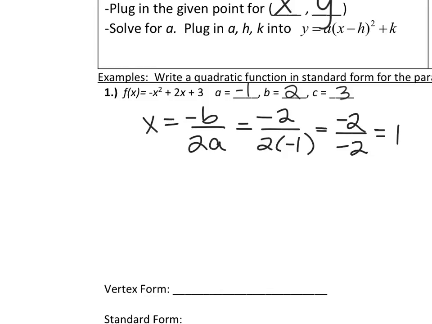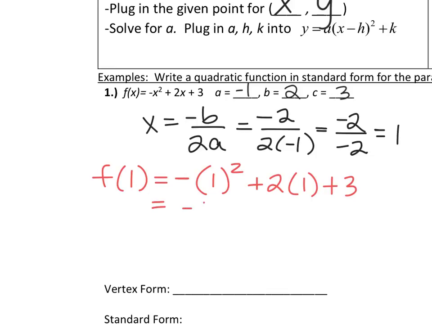So the x value of the vertex is 1. Now we need the y value. Let's plug back in. I'm going to write f of 1, which means, remember, I'm just inputting 1 into the function. That's all that means. Is negative, careful, 1 squared. You do the exponent first and then multiply by -1 after. Plus 2 times 1 plus 3.